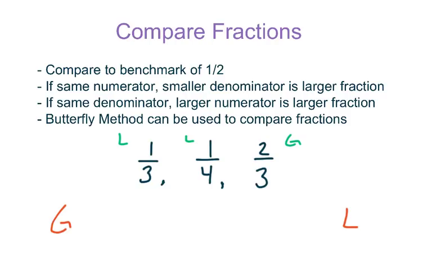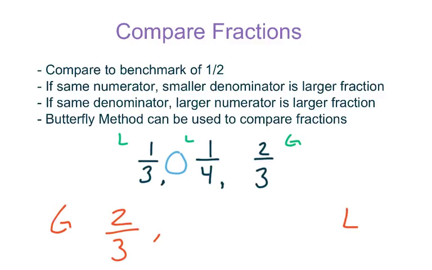Now we're going to order these fractions from greatest to least, but it's really important that you read the specific directions that you're given for every single problem to identify whether they want you to organize them from greatest to least or from least to greatest. In this case, because I already know which of my fractions is greatest, I can place that one on my number line first. Then all I have to do is compare my next two fractions, 1/4 and 1/3.